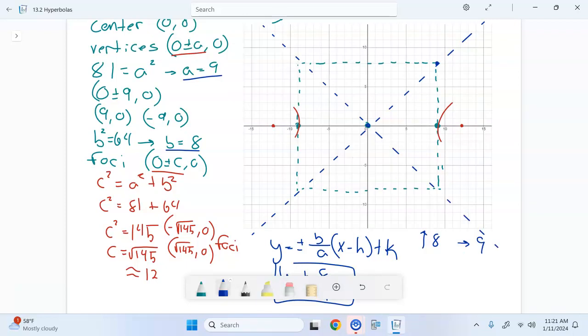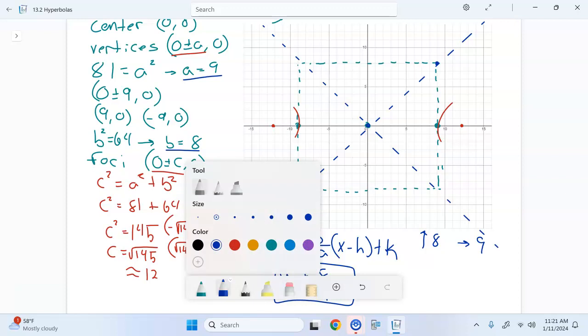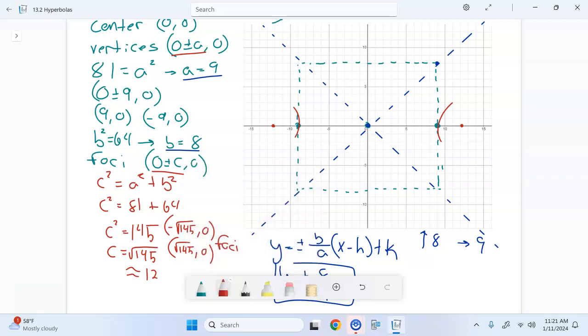And then our hyperbola is going to move out from the vertices and try to hug the asymptotes. It won't get super close super fast, but we'll go out and up in that direction, and then down and out, and up and out, up and down in that direction. And so that gives us our hyperbola.